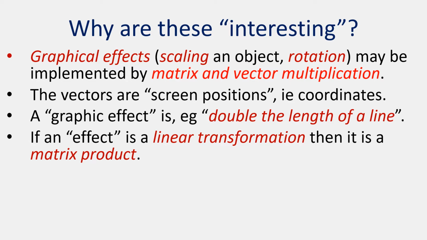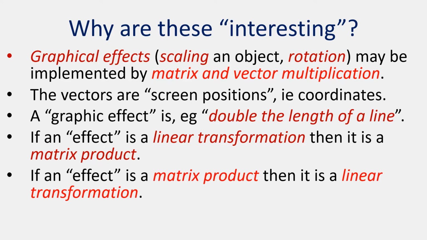That's one example of a graphical effect. And we have an important correspondence relationship between this idea of linear transformation and matrix product. If an effect is a linear transformation, then we can describe it as the product of a matrix and a vector.